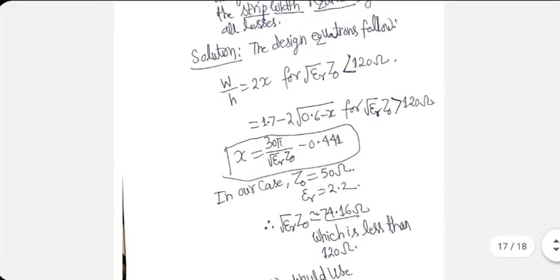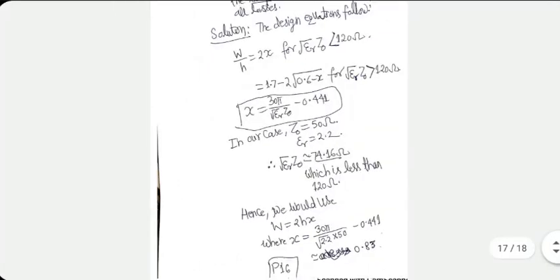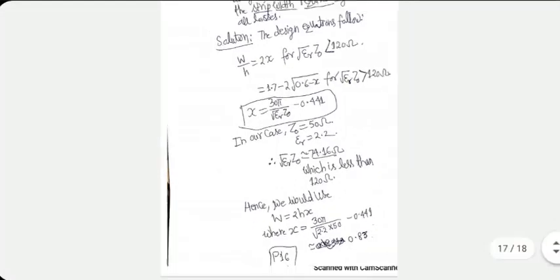So the formula to use will be the top one, because square root of epsilon r multiplied by Z naught is less than 120 ohm. So you pick the formula W by H equal to 2x. Choose the correct formula always based on your calculations. The correct formula in this case is W equal to 2hx.